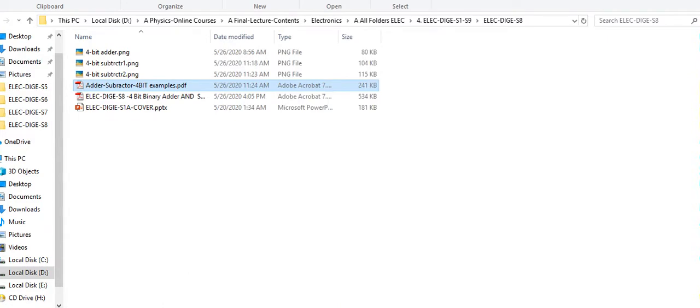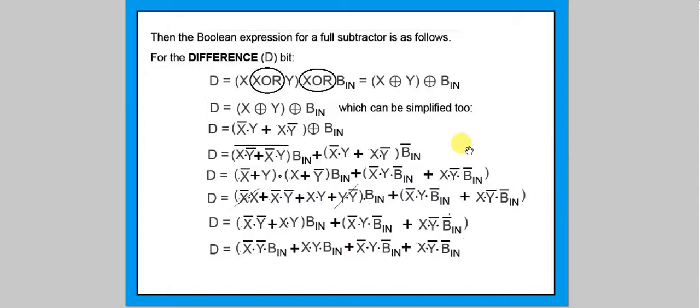You can do it as well, and you will get this expression: X bar Y bar B in plus X Y B in plus X bar Y B in bar plus X Y bar B in bar. Okay, so if you simplify, for the difference we have X exclusive OR Y exclusive OR B in, then X exclusive OR Y is given by X bar Y plus X Y bar, and this is as it is we are putting here.